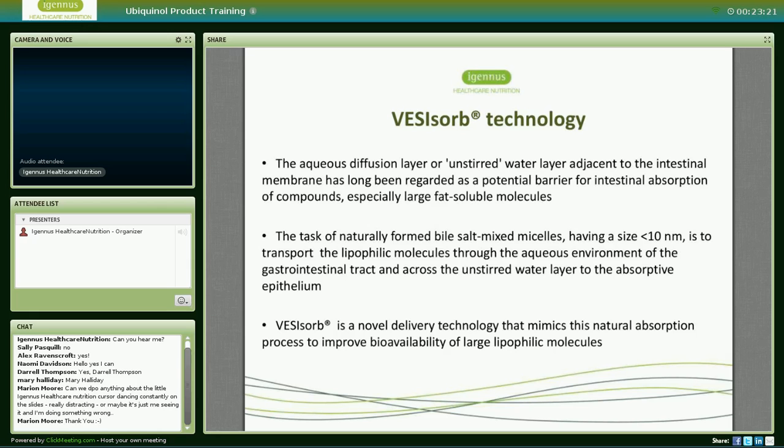And the VESIsorb delivery system is a novel delivery technology that mimics this natural absorption process, and this improves the bioavailability of very large lipophilic molecules.